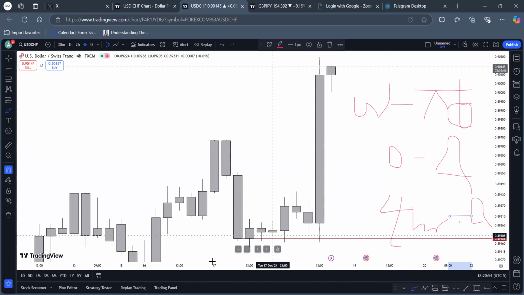Can you still enter the trade as somebody whose bias started from the daily time frame, or will you have to take it on the 4 hour time frame, based on the fact that you started from the weekly time frame for your bias?